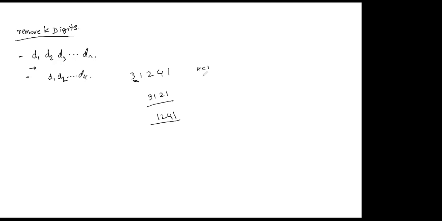Depending on the value of k, I would want to remove all the values which are greater, higher in cardinality. Let's say you have 2, 3, 1, 2, 4, 1. Which one will you remove for k equal to 1? You won't remove 2 because 3 has a higher cardinality. One option is 2, 1, 2, 4, 1, and the other is 2, 3, 2, 4, 1, so definitely this is greater than this.